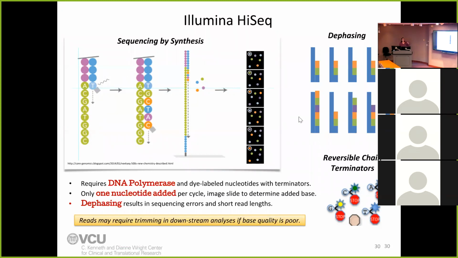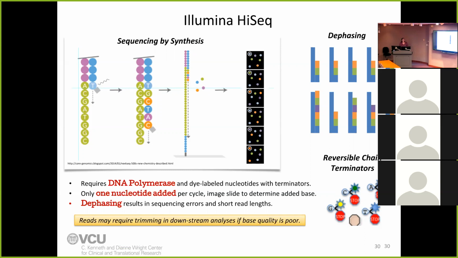So the longer your read gets, the more likely it'll go from everyone being in sync, so it's showing the same color when you scan the chip, to all your reads being out of sync with each other. So the sequencer does not have as much confidence as to what base was actually next. This is why some of the technologies can't just sequence forever. They have their limits depending on the technology.